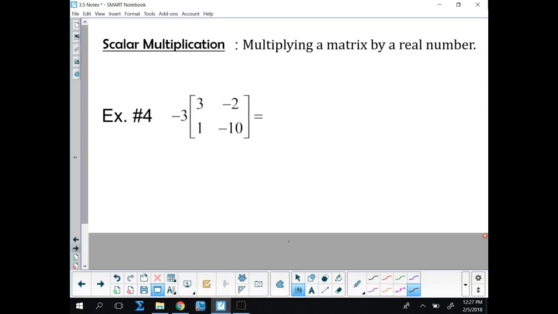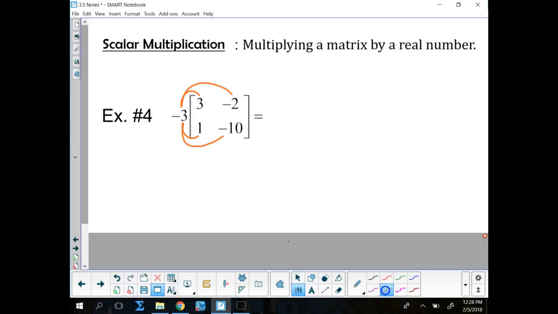It's very much akin to distributing. Because you're going to take this -3, that's my real number that I'm multiplying by, and you're going to multiply every single element by -3.